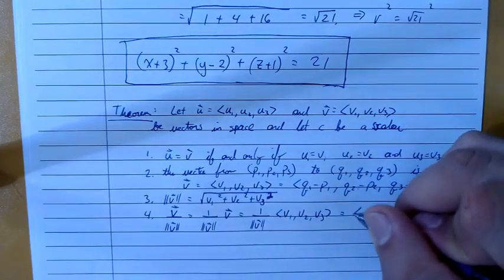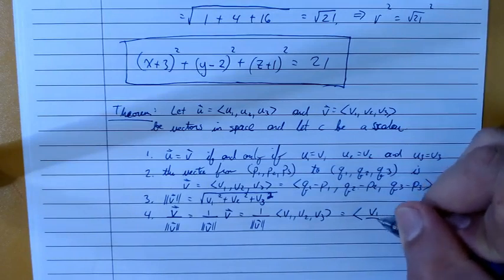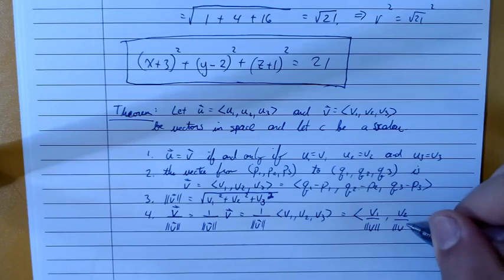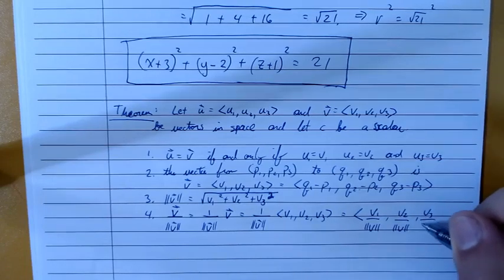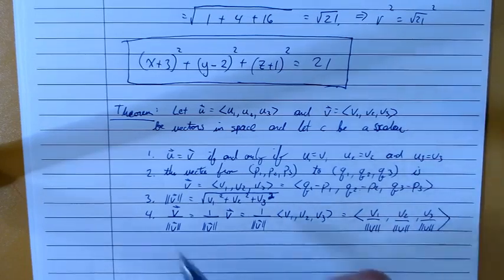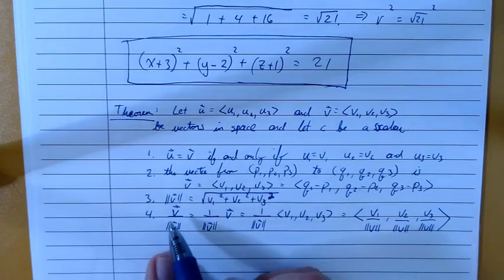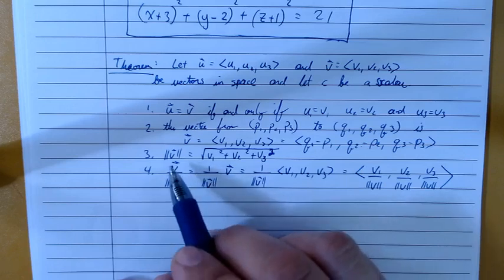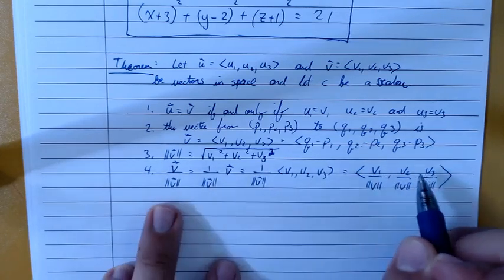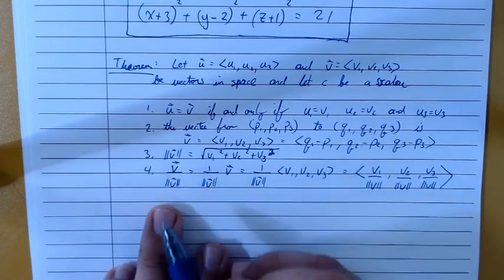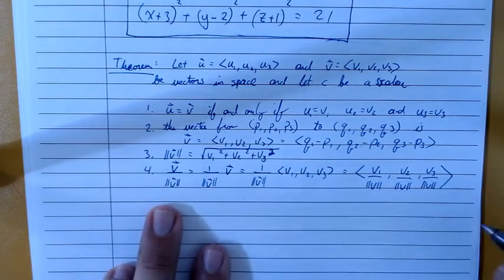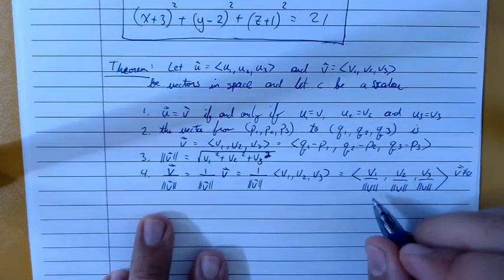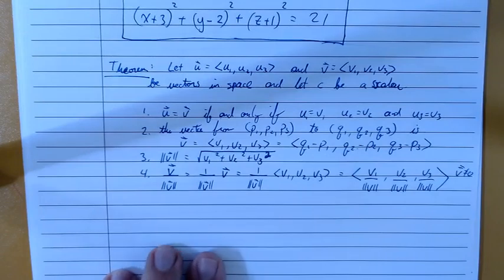Or, even more simply, it's given by v1 over the magnitude of v, v2 over the magnitude of v, v3 over the magnitude of v. So if you want to take a vector and find a unit vector, you'll remember from our previous section, this was a unit vector in the direction of v. You simply take the components of v and divide each one by the magnitude of v, provided that v is not the 0 vector. Because of course if it is a 0 vector, then its magnitude is 0 and all of this is undefined anyway.